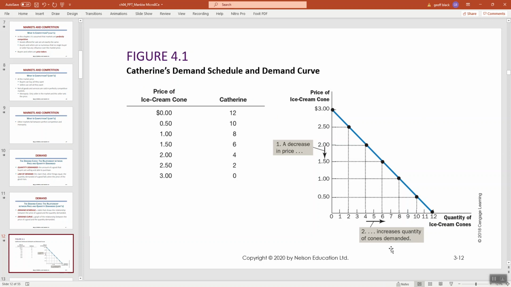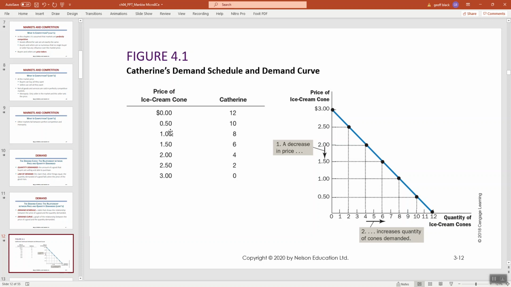demand curve. So the demand schedule simply tells us that at a price of 0, Catherine will demand 12 ice cream cones. If the price goes from, so this would be a marginal change from 0 to 50 cents, right, incremental, then she demands less. Okay, notice how this is an inverse relationship.